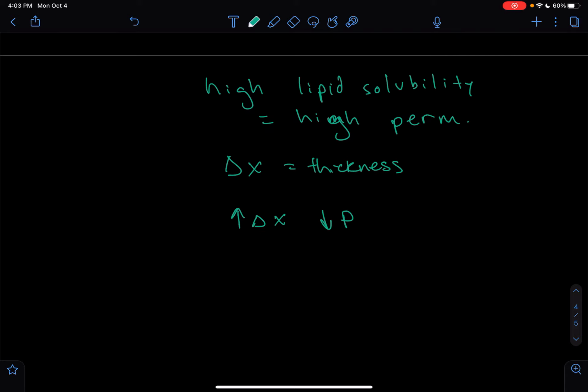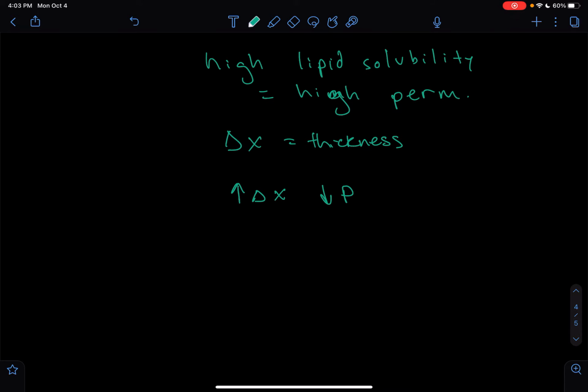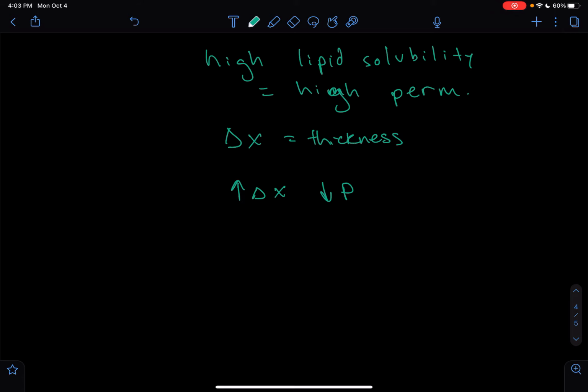It's going to be harder. That's all there is. So permeability increases with lipid solubility and decreases with membrane thickness.